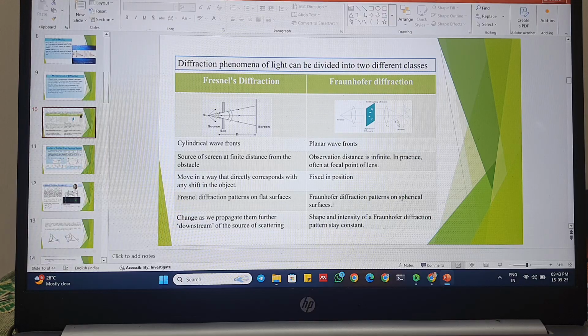So in Fraunhofer diffraction we use lenses, and in Fresnel diffraction we don't. This is the major difference between Fresnel and Fraunhofer diffraction.